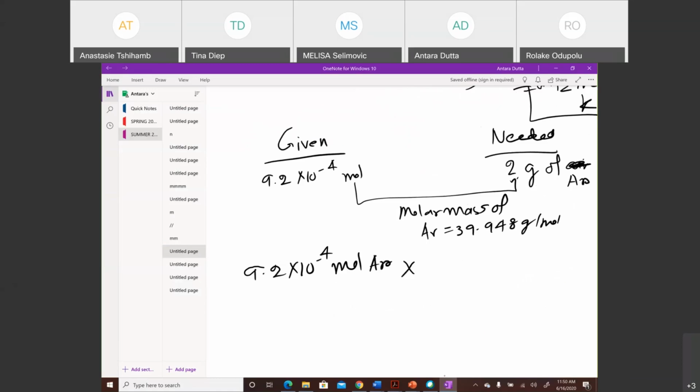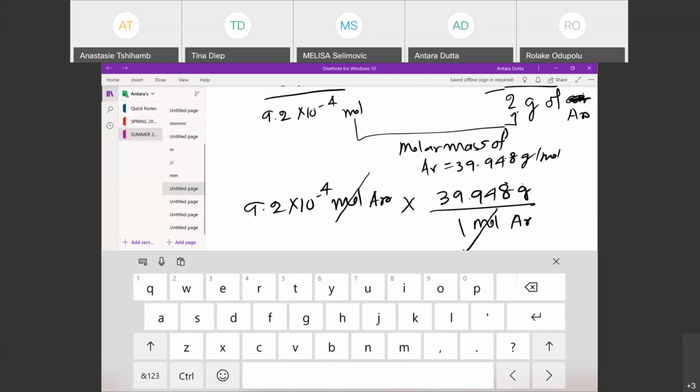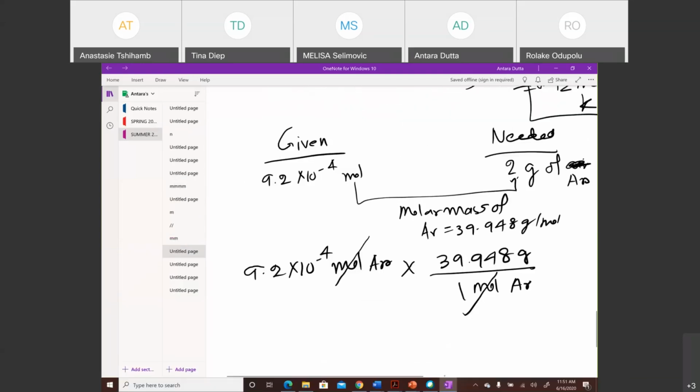Then I have to go to grams, remember. So my grams should be on the top. 39.948 grams should be on the top, and 1 mole of argon would be on the bottom. So that mole will cancel out diagonally. And you will be getting 9.2, and then if you have a calculator like the TI-30 series that I'm using, you may press EE and then -4.